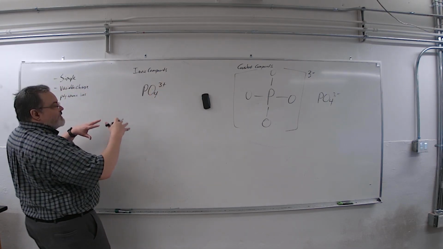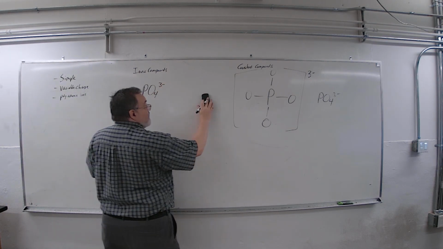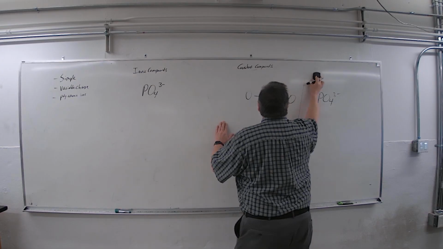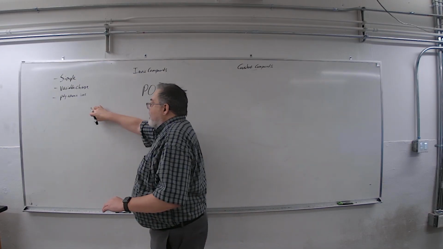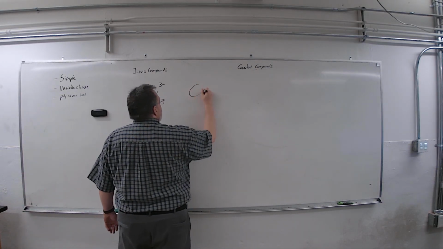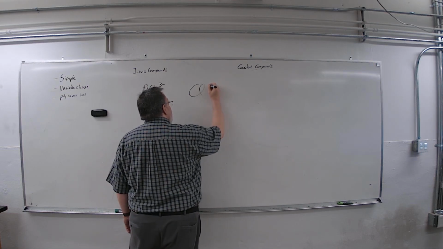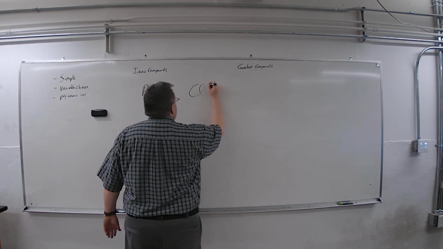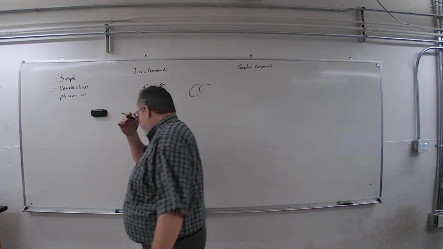But let's say that's my positive. Almost all of them are negative charge. So this is a polyatomic ion. And now what? Chlorine. What's the charge on chlorine? Go to the periodic table. It's -1.